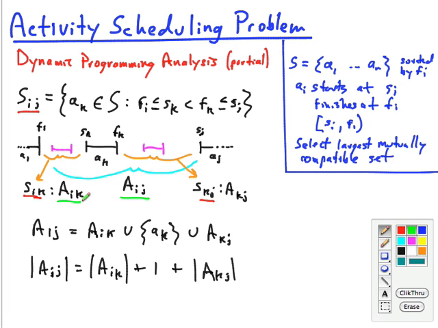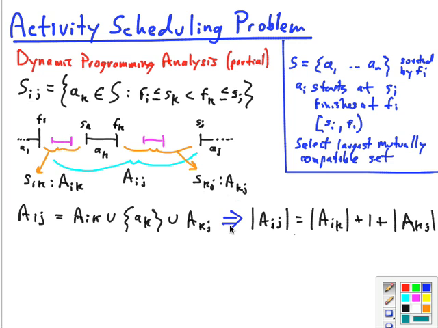So these two things must be optimal, because if they weren't, by a cut and paste argument, we could cut this out, paste back in a set that had more activities, and since we are just adding up the sizes of the sets, we would get a better global solution. That would contradict the assumption that the global solution is optimal. Therefore, this displays optimal substructure, and this can lead us directly to a recursive solution.